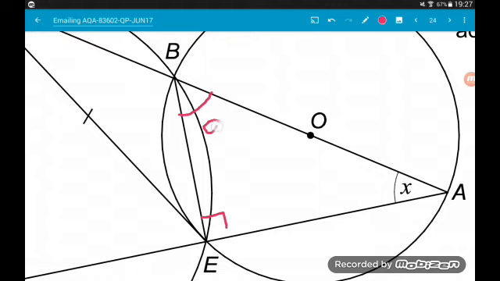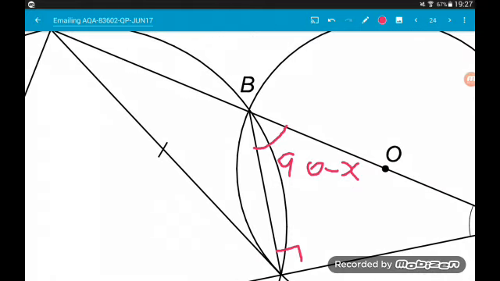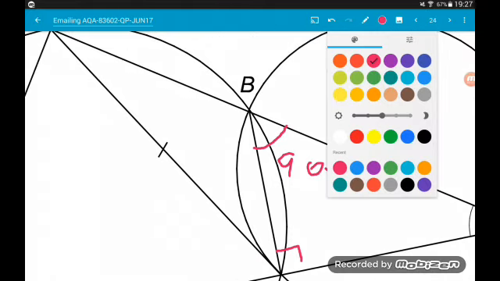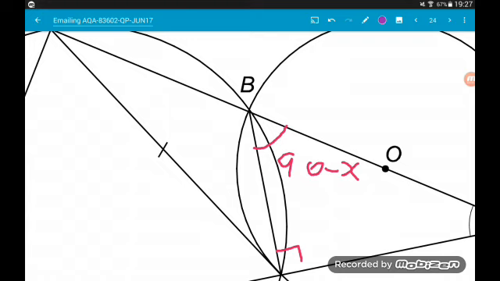So this angle here is 90 minus x, which then means that this angle here is 90 plus x. So 90 plus x and 90 minus x adds together to 180 as we need it to.